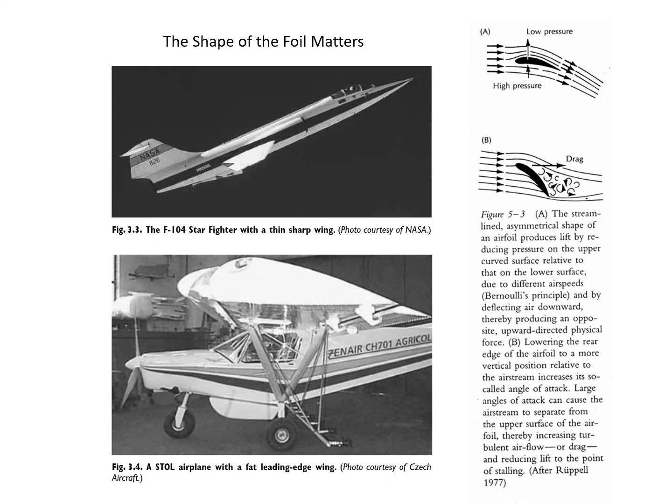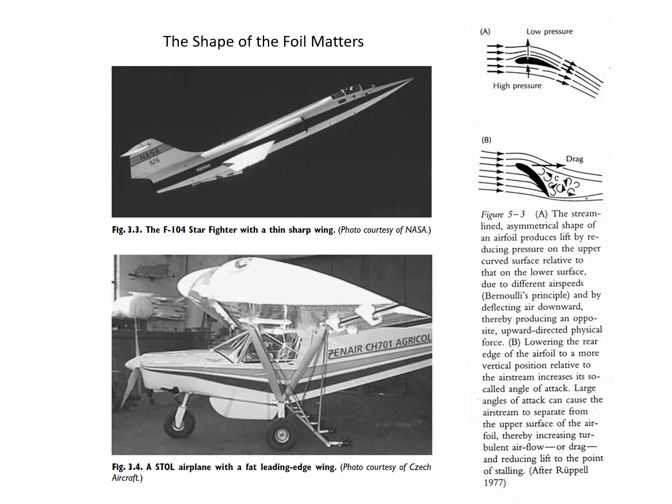The shape of the foil matters quite a lot as to whether or not the object is going to stall with the given angle of attack. So something that has a very thin foil, such as this fighter jet, has to move really fast in order to generate enough lift.